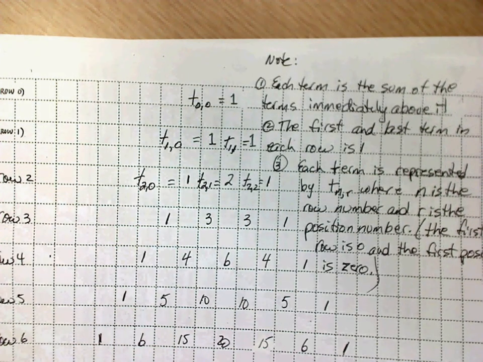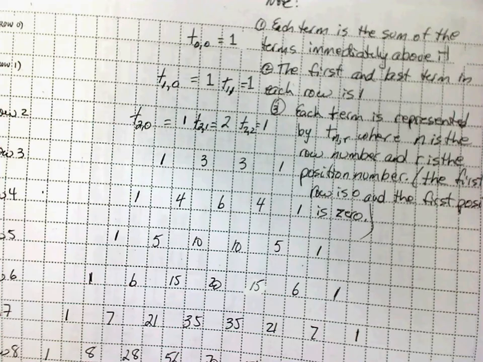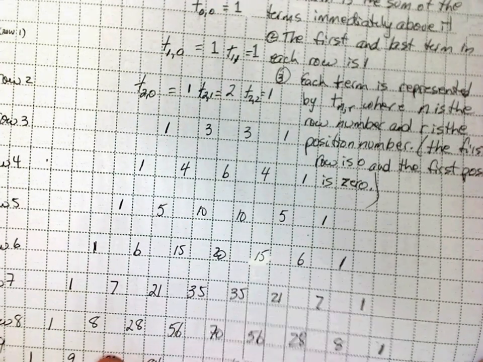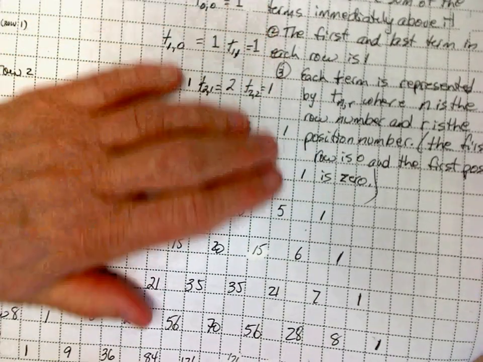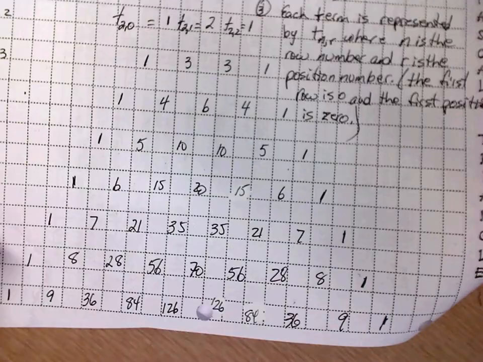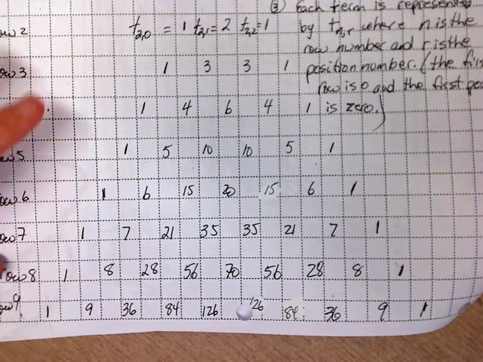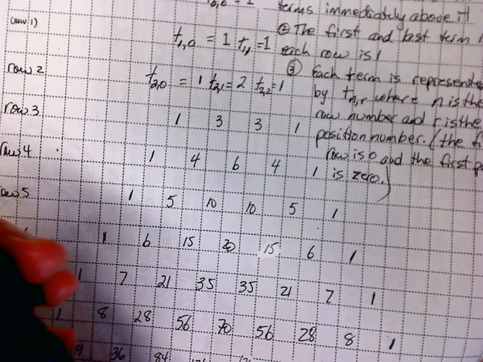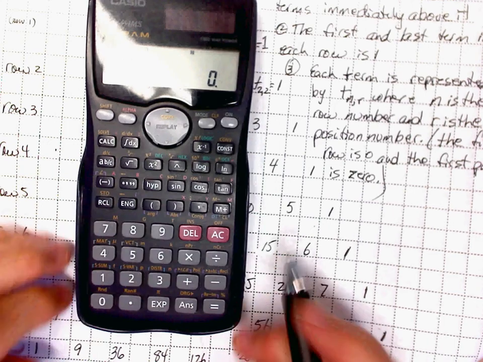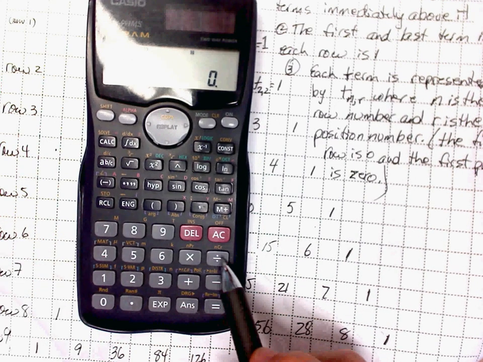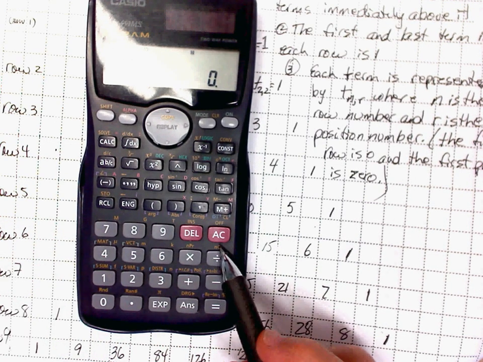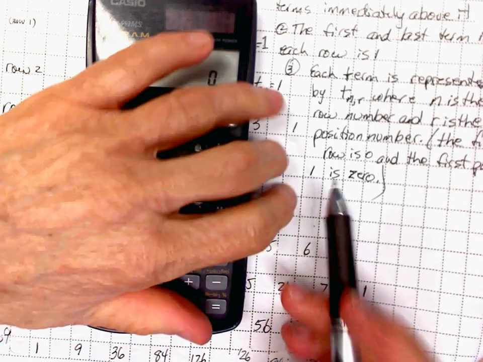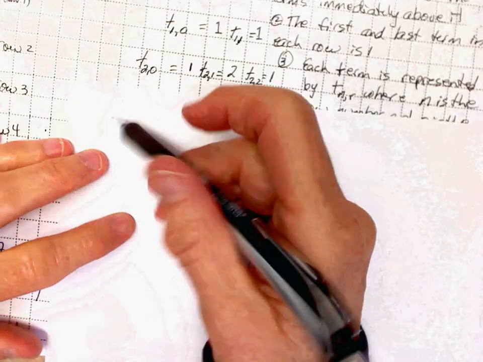Now, what I want to show you is you don't have to write out Pascal's triangle to get the terms. You can find it using the combinatorial button on your calculator. Just look at your calculators. Do you have an nCr button? You're looking for a button that looks like this.